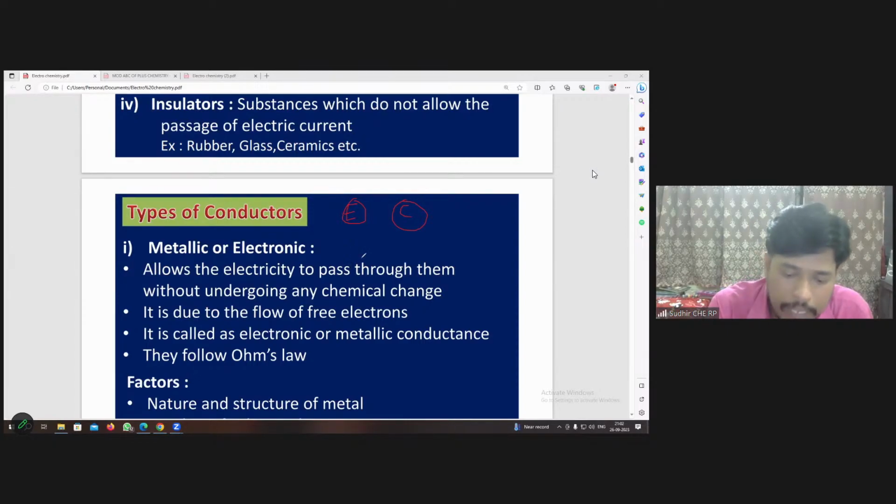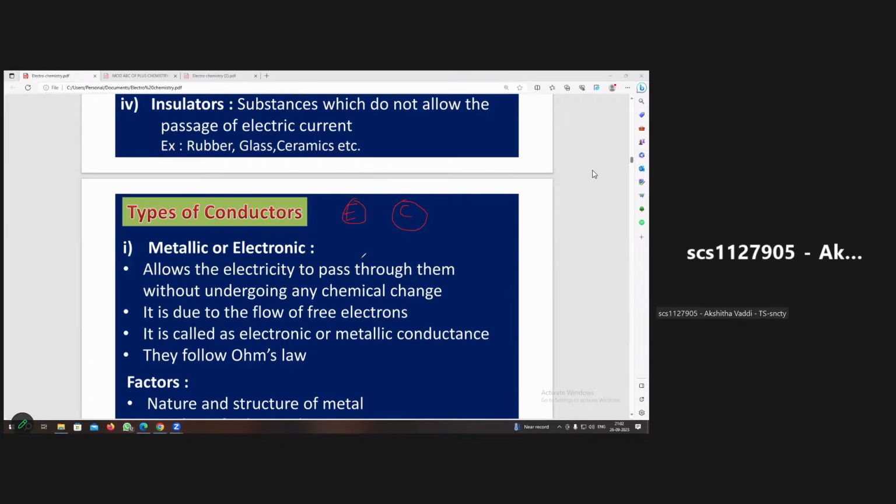Can you tell me what is the difference between element and compound? Yes, what is the difference between element and compound? Sir, in compound, the molecules are combined in fixed ratios, whereas in elements, there are no fixed ratios.